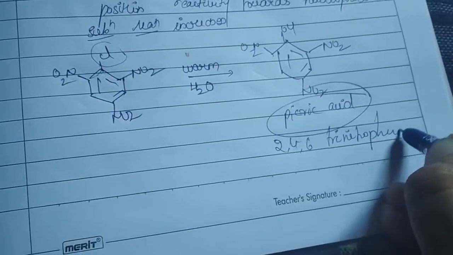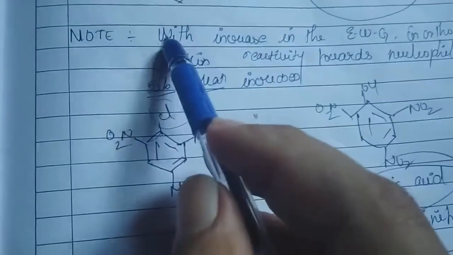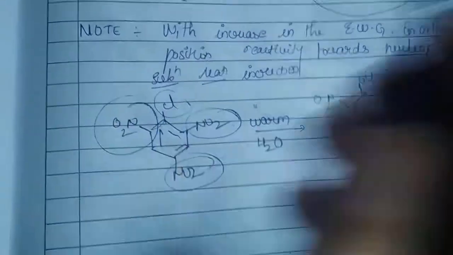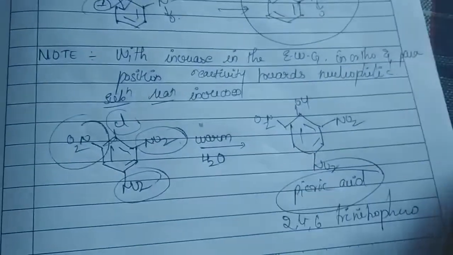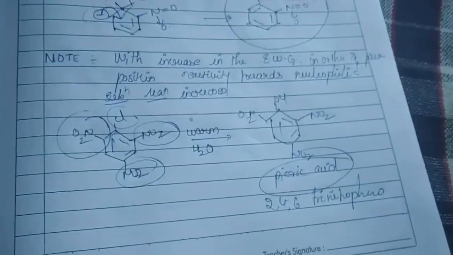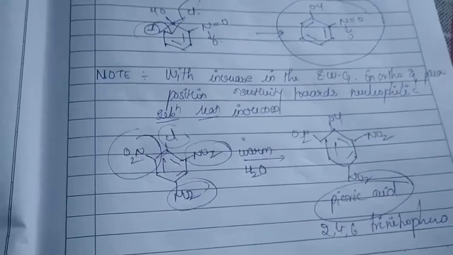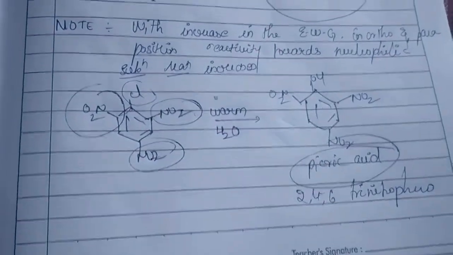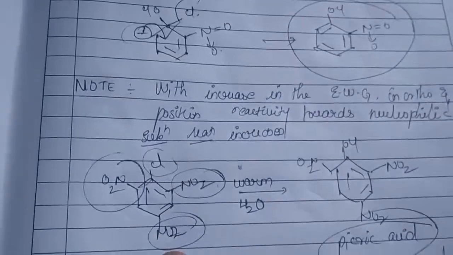Why is it so? What they have said in the important note: with the increase in the electron withdrawing groups in the ortho and the para position, the reactivity of your haloarenes increases towards nucleophilic substitution reaction. That is what we have observed over here.